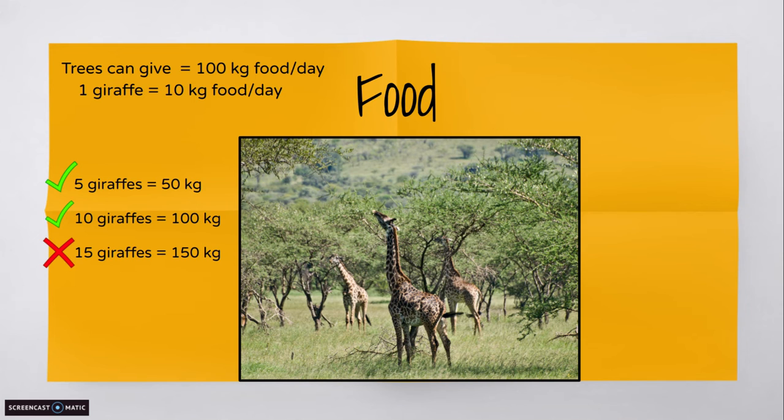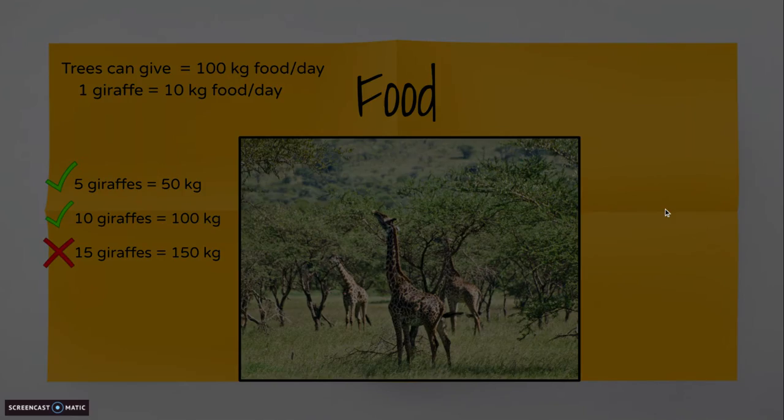And what we just talked about in this example is something known as carrying capacity. Basically, carrying capacity is the largest population that an area can support. The carrying capacity of the environment we just talked about with the giraffes was 10 giraffes.